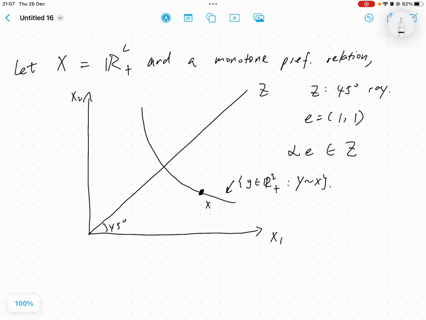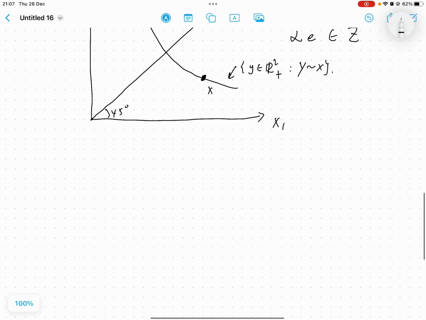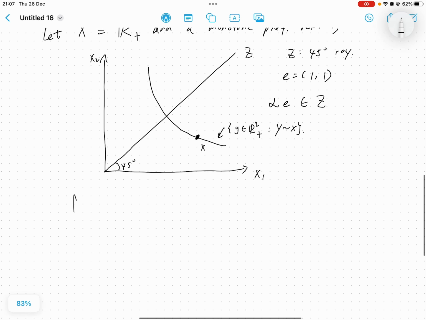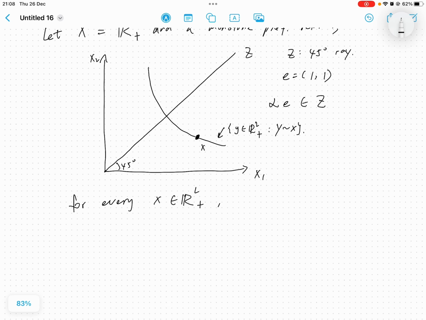So now we have those tools set up. So now we can see that for every x in R plus, so we already assume the monotonicity, right?